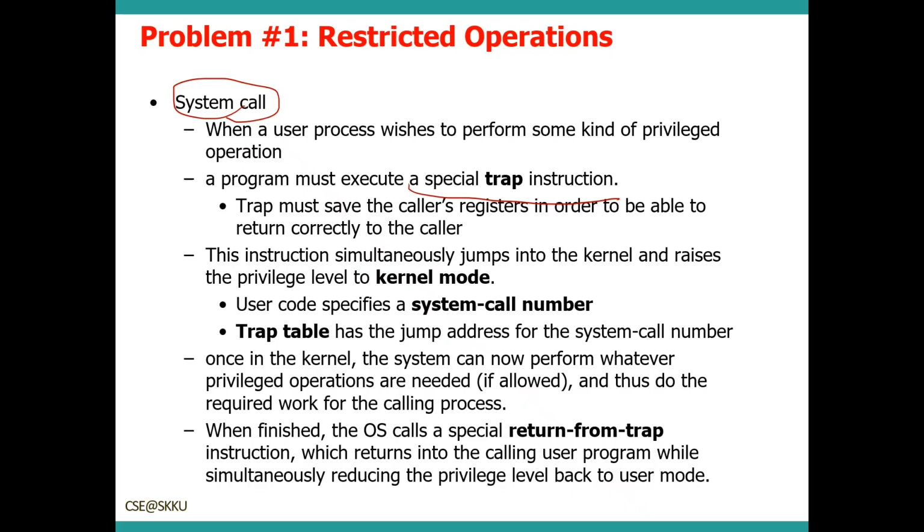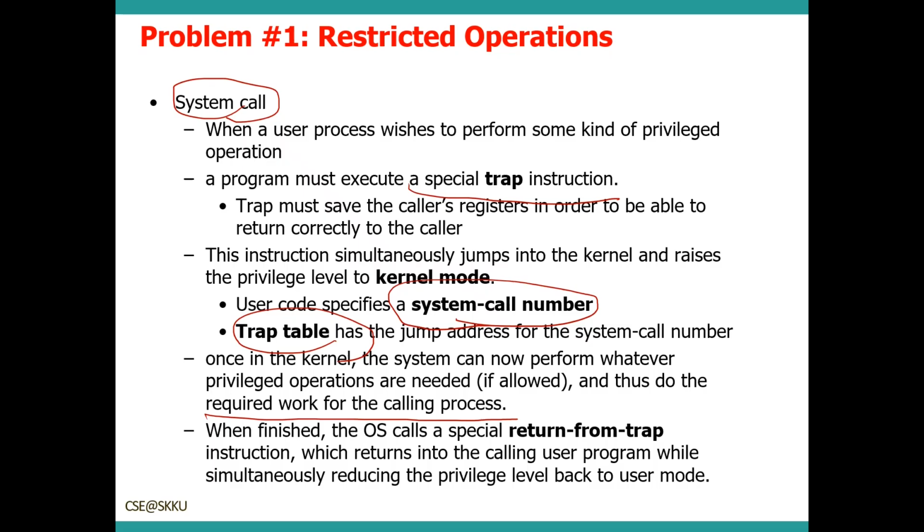User code specifies the system call number, and the trap table has the jump address for that system call number. Once in the kernel, the system can perform whatever privileged operation is needed, such as accessing a storage device or I/O devices, and thus the required work for the calling process can be serviced.